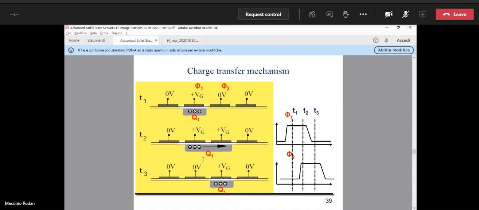If we had only two phases, and this gate was also phase 2, when we open up phase 2 on the right, we would open up phase 2 also on the left. The original charge would be equally distributed to the right and to the left, so there would be no net motion of the electron packet along the channel of the CCD. So three phases are necessary to ensure that we have a one-dimensional motion of the charge packets.